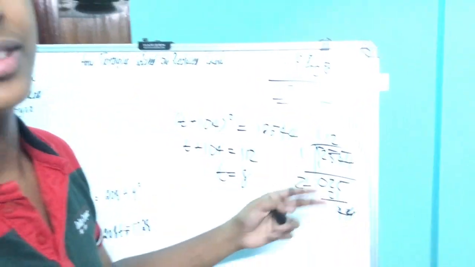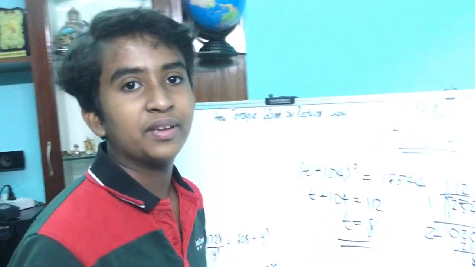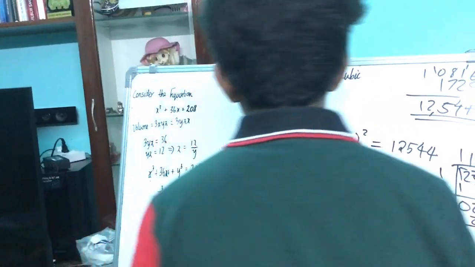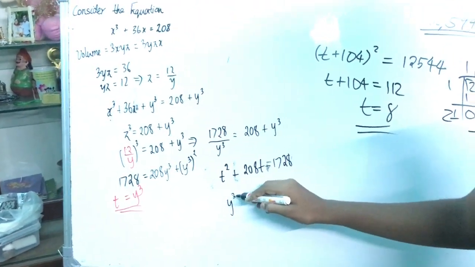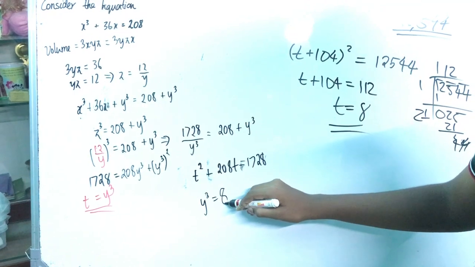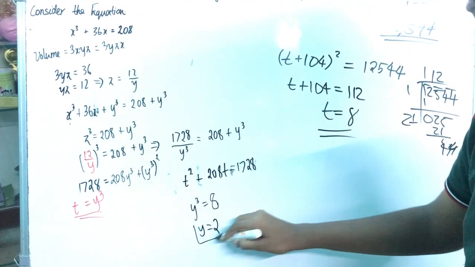I have skipped some of the complications here, but we get t equals 8. Now, t was originally y cubed, so we get y cubed equals 8. This means that y is nothing but 2.